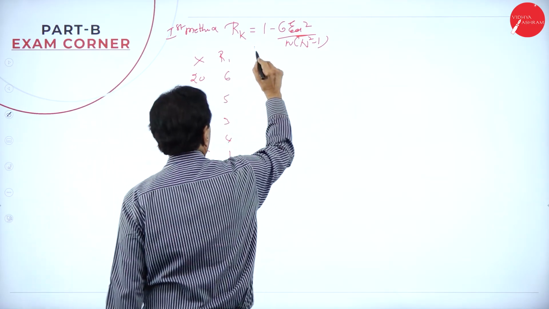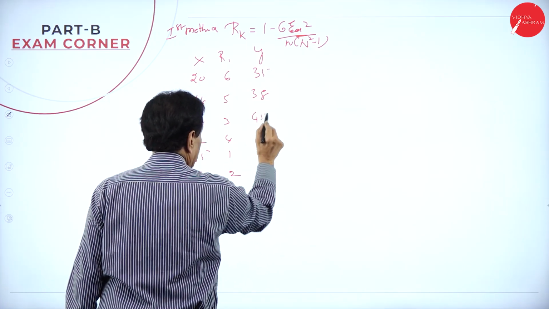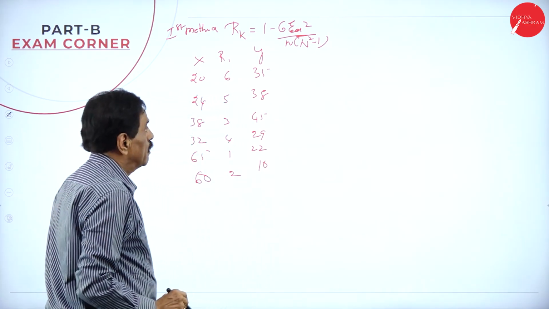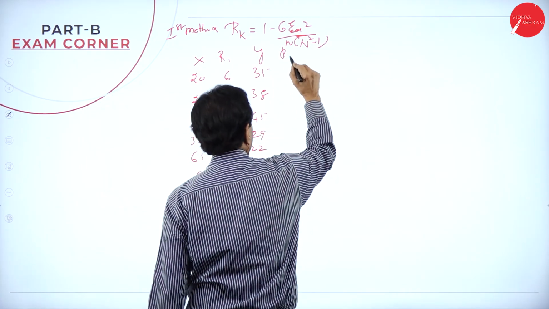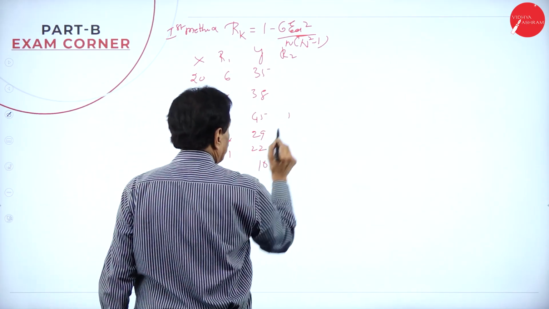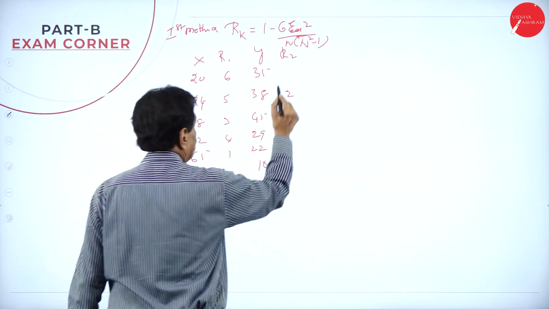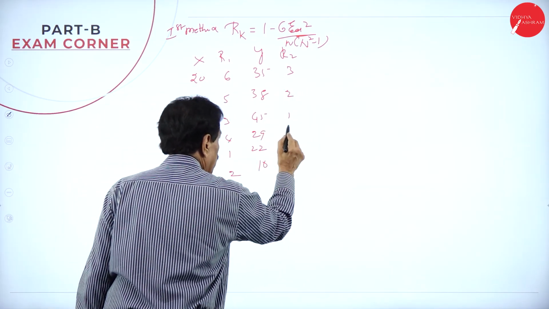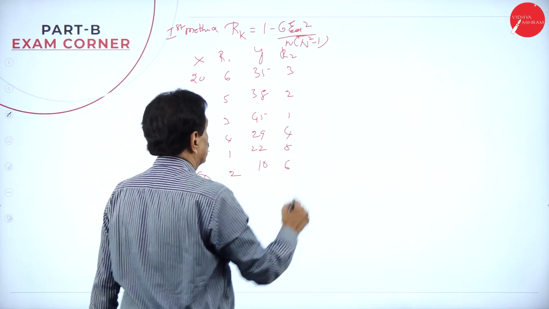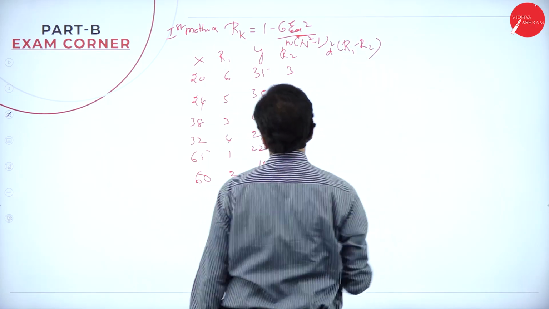Same for y: 35, 38, 45, 29, 22, 10. This is R2. The highest is 45, the first rank, 38 the second, 35 the third, 29 the fourth, then fifth and sixth.